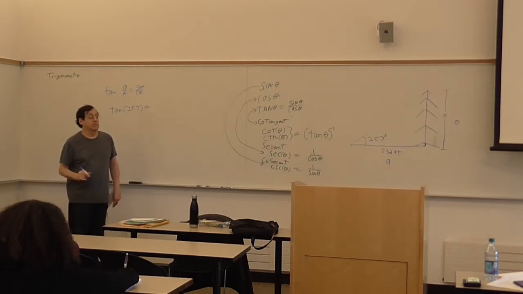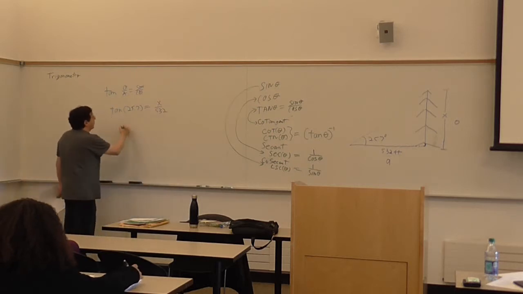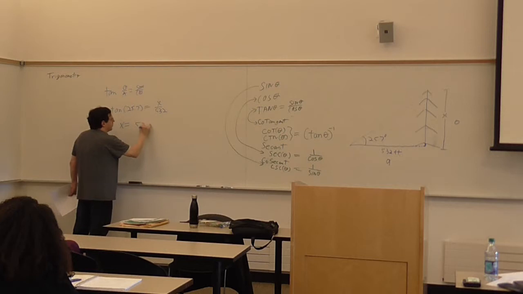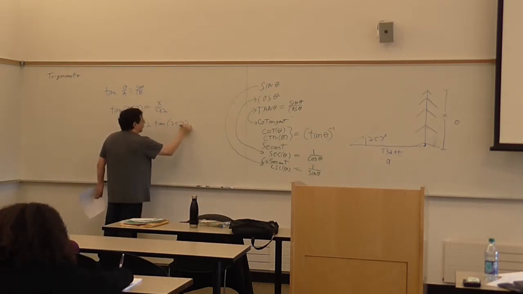X over 532. X over 532. Okay. So if I solve for x, x is just 532 times the tangent of 25.7 degrees.